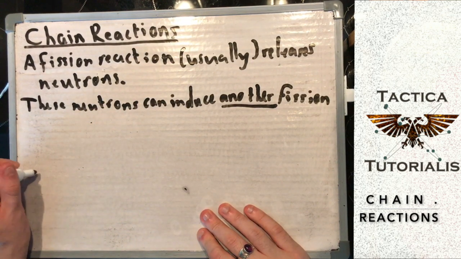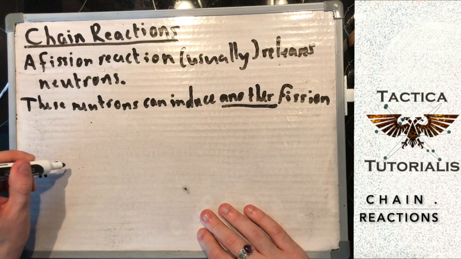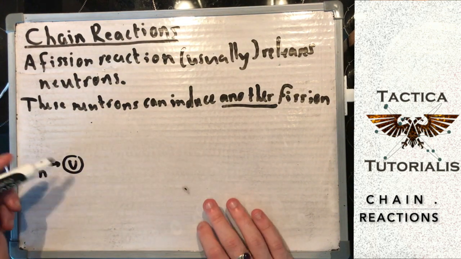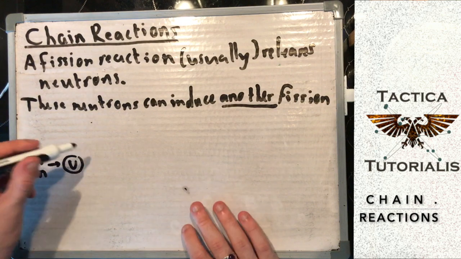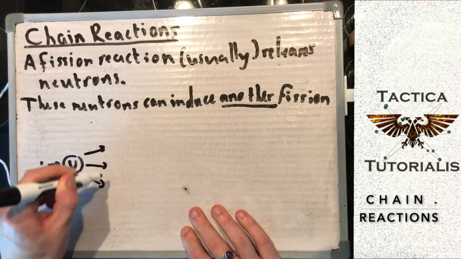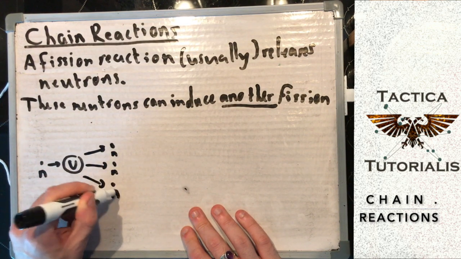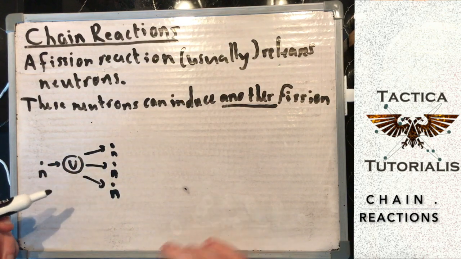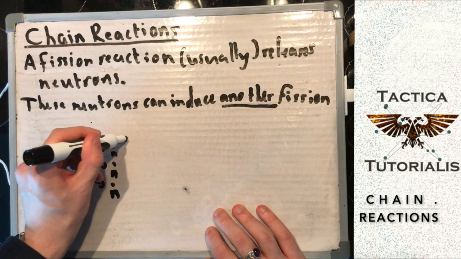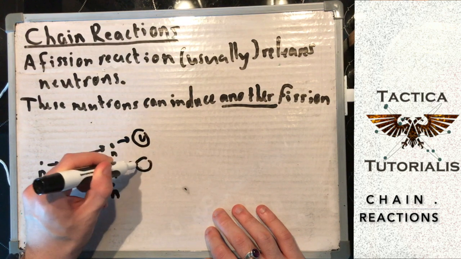So let's say we start off with 1 neutron. That neutron goes in and creates a reaction with a U-235. We've seen this happen, and we'll ignore the daughter nuclei for a second, but that then releases 3 more neutrons. And each of them, because of the sheer density of uranium, is going to hit another uranium nucleus.